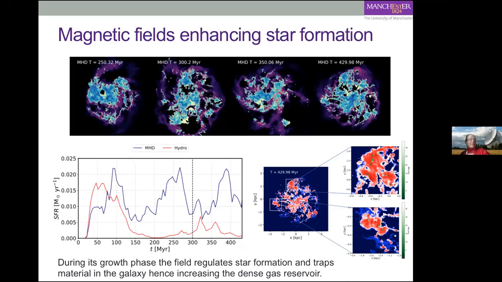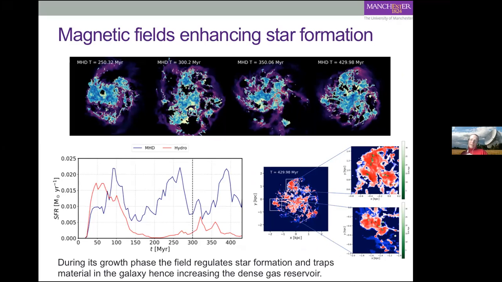But something we have found, which is pretty cool, is when we've run some magnetized versions of these simulations, this is work we're doing at the moment, we have found that does make a big difference to the star formation. And normally you think when you have a magnetic field, that would slow down star formation because it supports the gas and makes it harder for the gas to collapse.